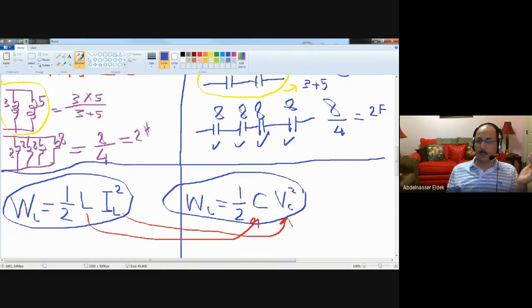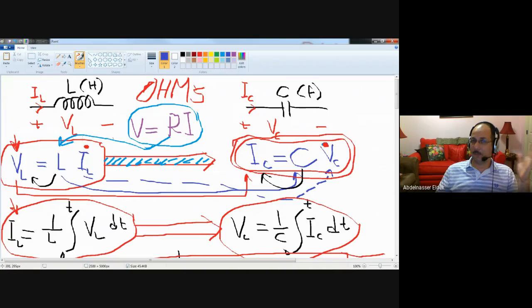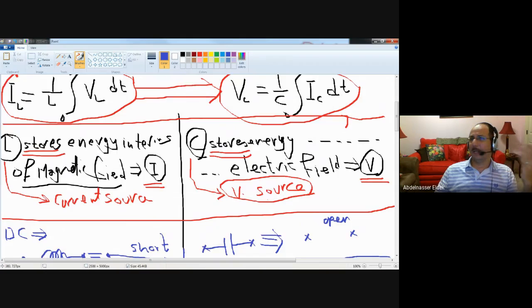So this here summarizes all what you need to know about the inductor and the capacitor, starting from the symbols for both, the units, inductance is in Henry, capacitance is in farad, the relationship between voltage and current in both. What is the inductor, the current and the capacitor?